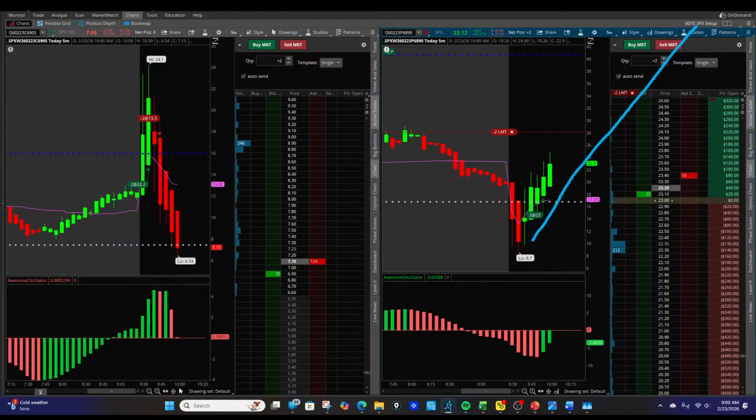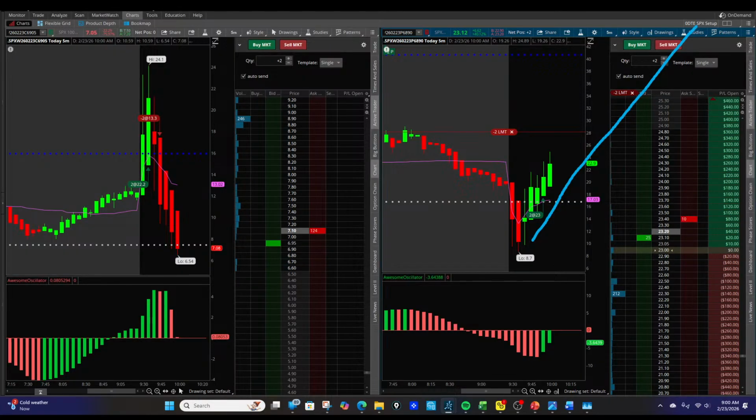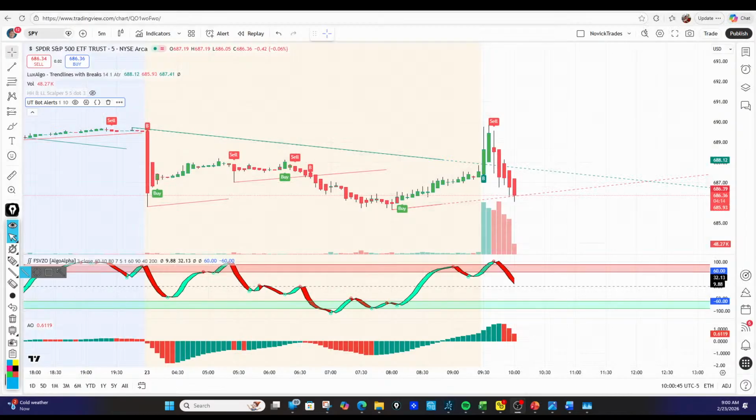About to have a break in the trend line. Let me go over to that one real quick. Okay, if you see, right here, if this does go below that trend line, that will mean that it's probably going to break out. So we will watch that just a moment.